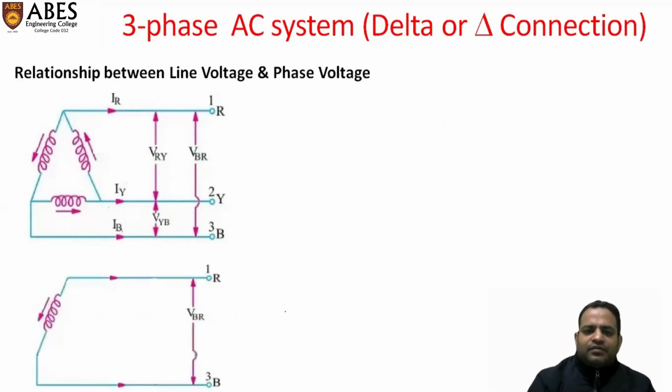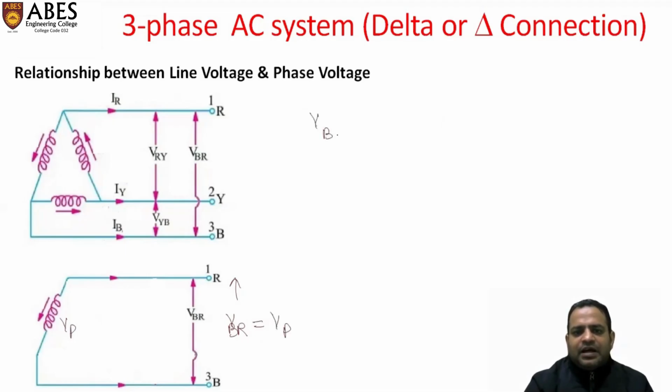Similarly, for VRB or VBR, it is equal to this phase voltage. So we can say that VBR, that is line voltage, is equal to the phase voltage.